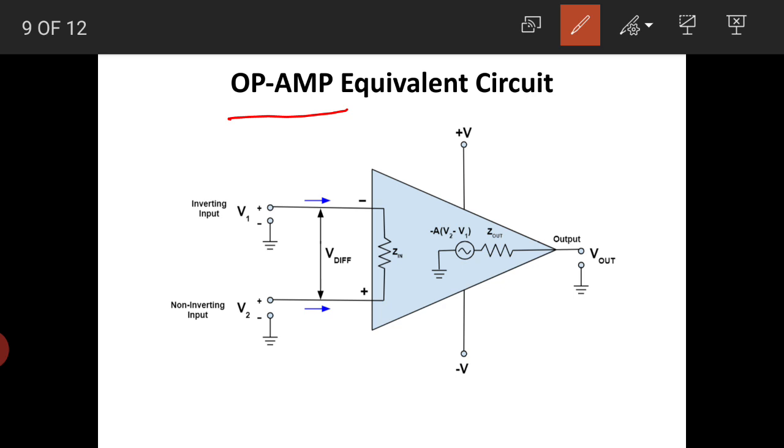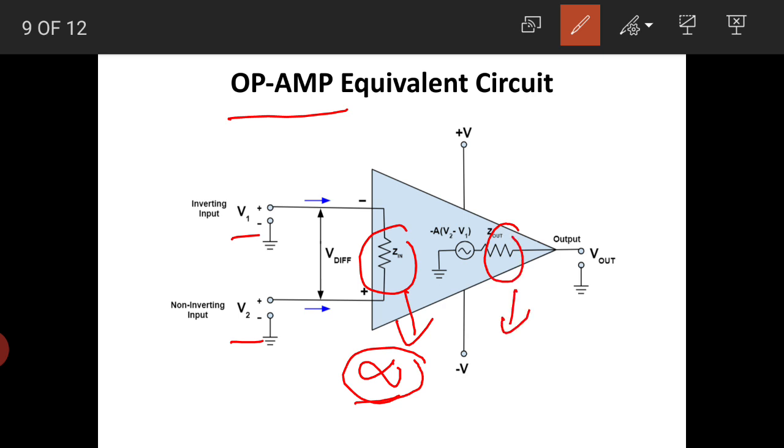In this case, the input impedance should be infinite, which means that whatever inputs are provided will be directly fed to the operational amplifier. That's why it should be infinite, whereas Zout, the output impedance, should ideally be equal to 0.